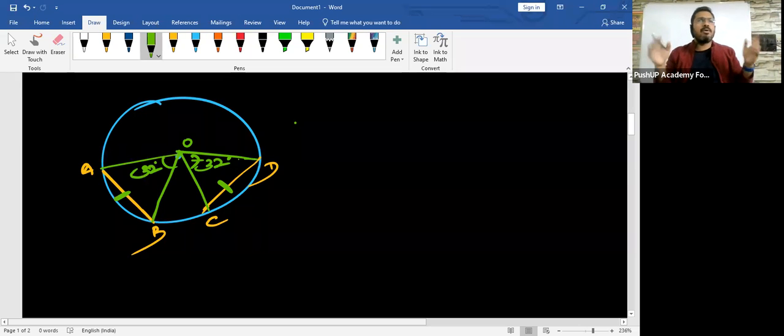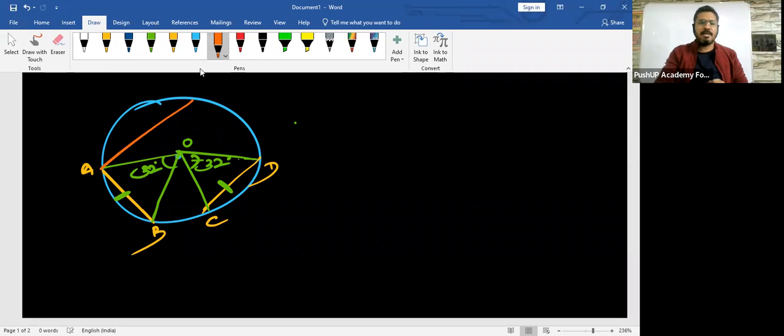If you want to understand this property, it's very easy. Just assume that both the chords are equal to 10 centimeter. So if one chord is subtending 32 degree at the center, the other chord will also subtend 32 degree at the center. Very quickly answer me this question. How much would be the angle subtended by chord AB on the circumference? 16 degree? Yes, because chord AB subtended 32 at the center, so it will subtend half of 32, which is equal to 16 degrees.